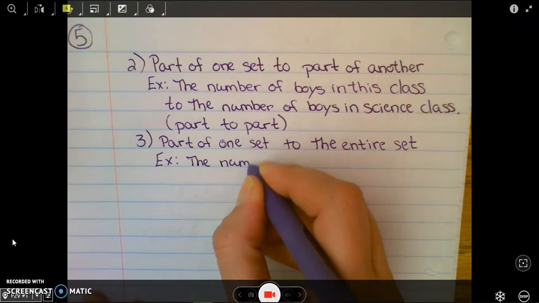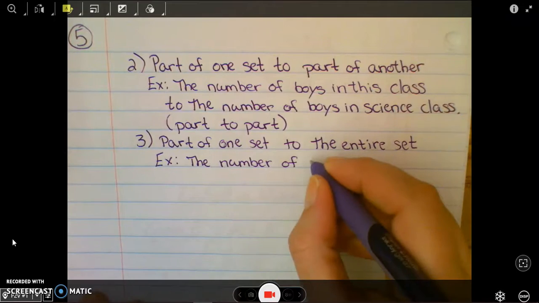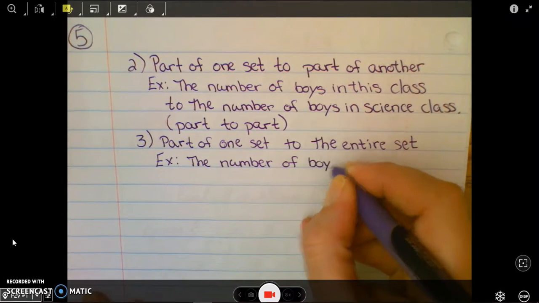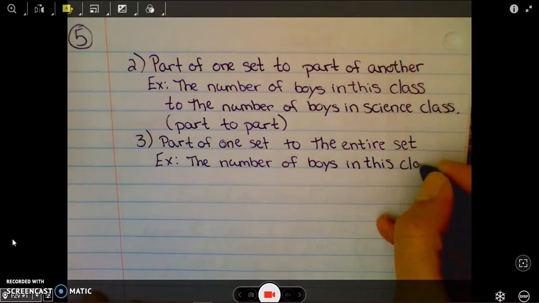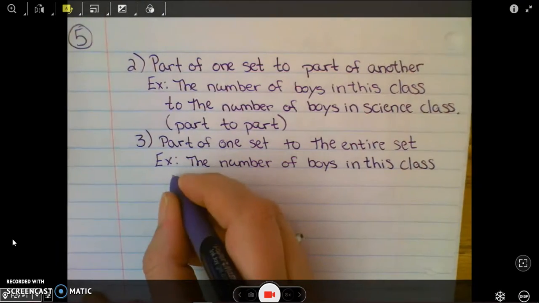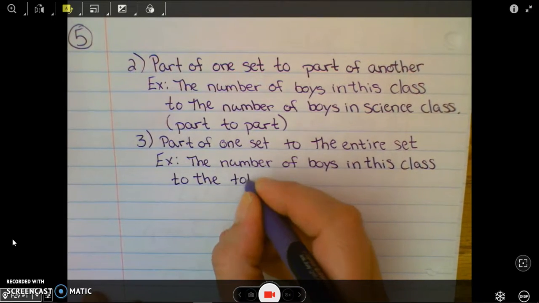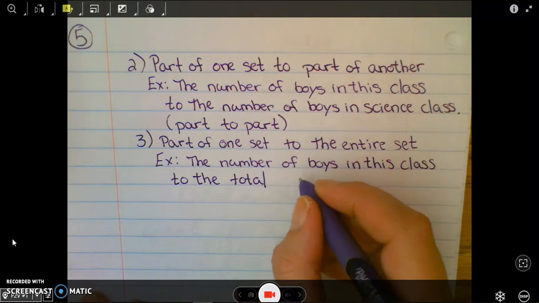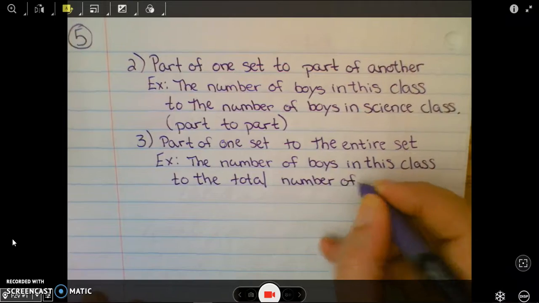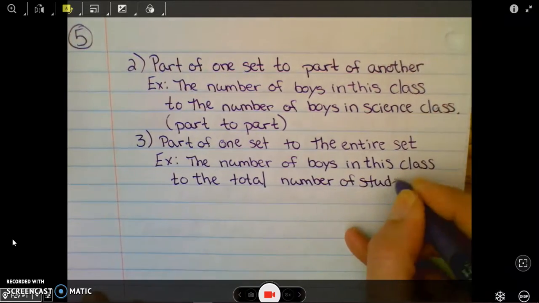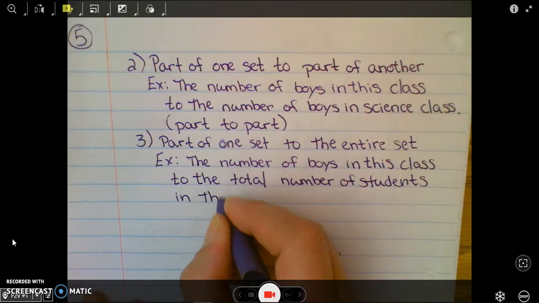So then the example that we would list would be comparing the number of boys in this class to the total number of students in this class.